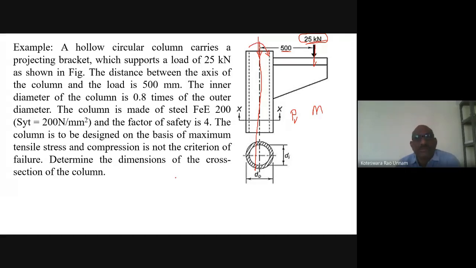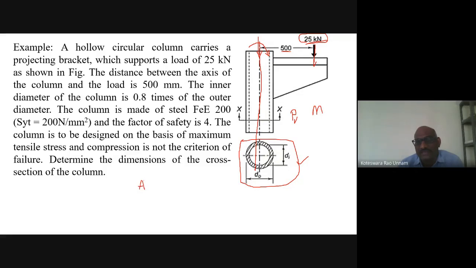So similar to the previous one. The only thing is, here the cross section is a hollow circular cross section. In the earlier problem you had a rectangular cross section. So what you require is the area formula for this cross section.